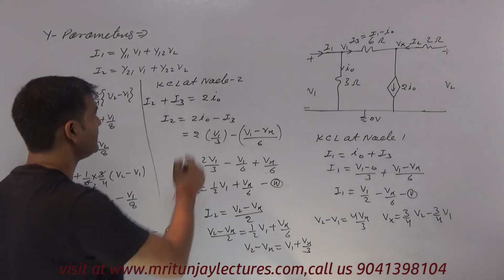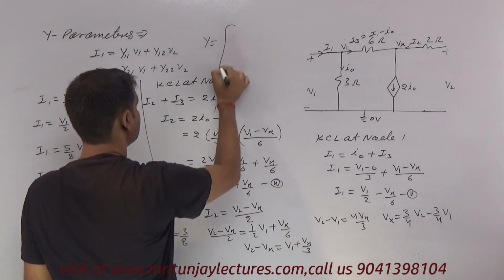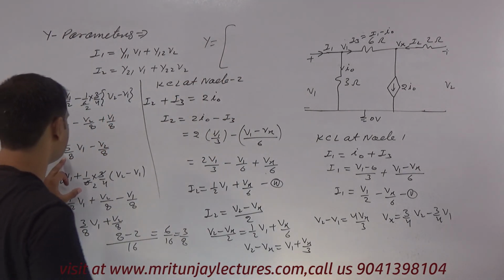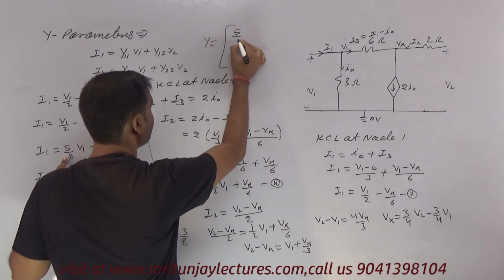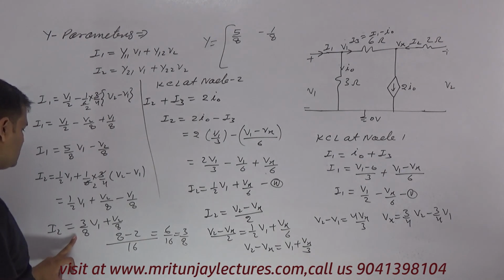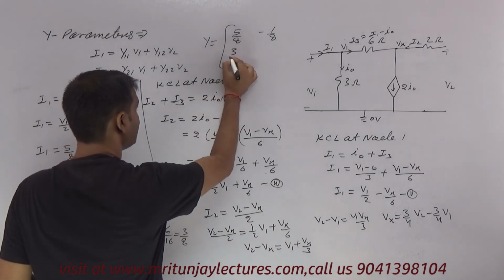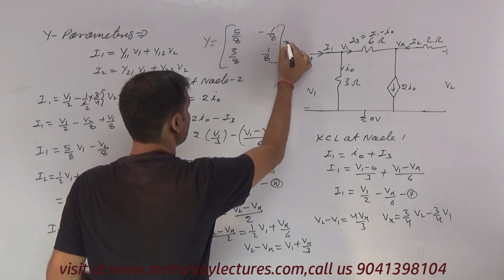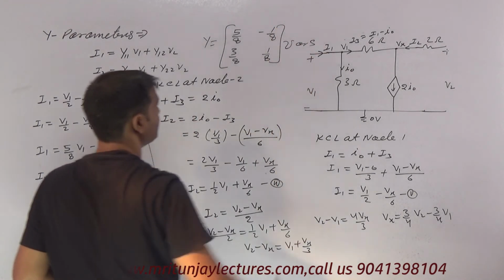So finally Y parameter is 5 by 8 and minus 1 by 8, 3 by 8 and 1 by 8. Yes, make it.